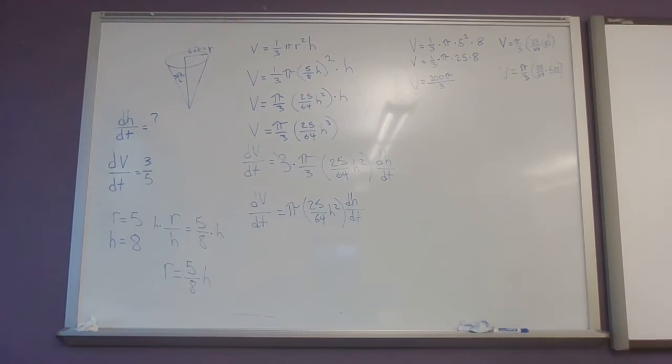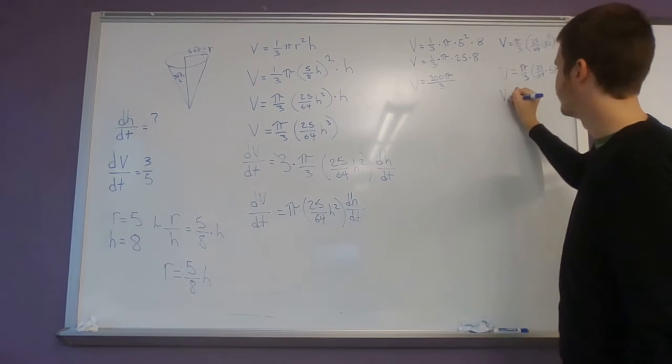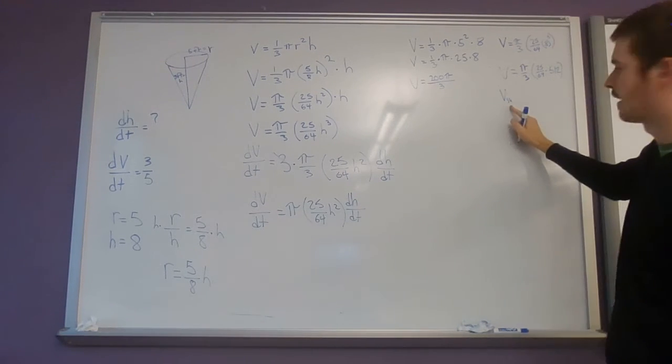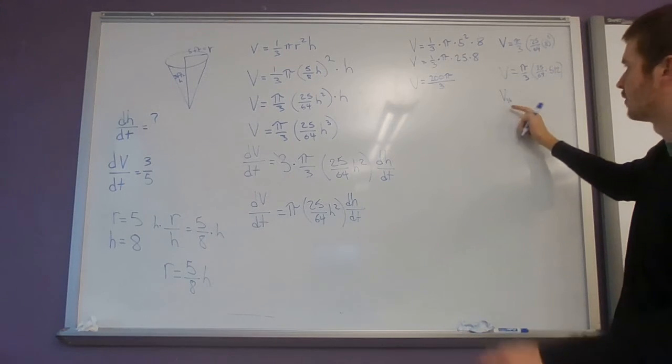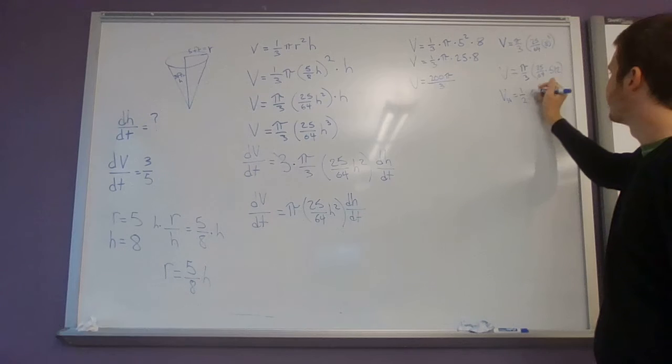Now, what I'm looking for is, of course, half of that. So I'm going to call this V sub 1/2, just 1/2 of the volume, and we're just going to multiply this by 1/2.